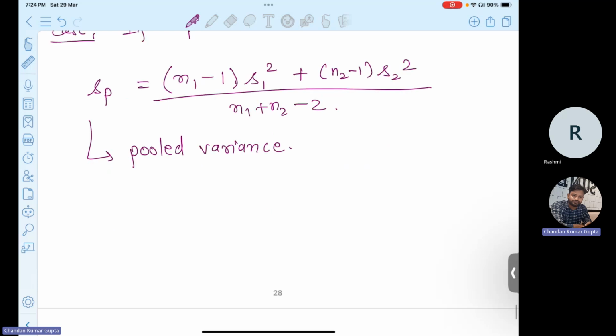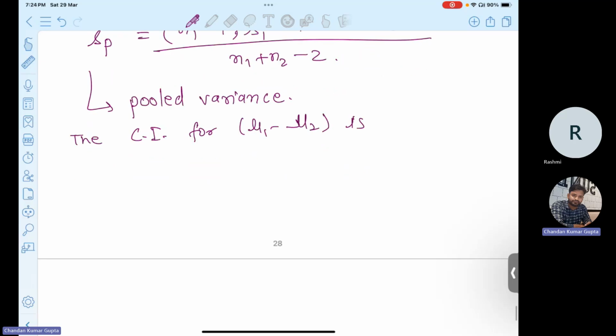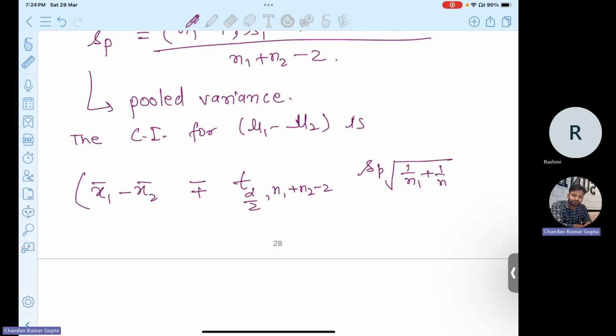Then the confidence interval for mu1 minus mu2 is again x1 bar minus x2 bar, minus plus t alpha by 2 with n1 plus n2 minus 2 degrees of freedom, times Sp, the pooled standard deviation, times the square root of 1 upon n1 plus 1 upon n2.